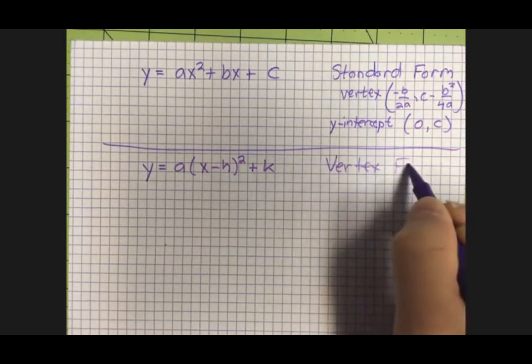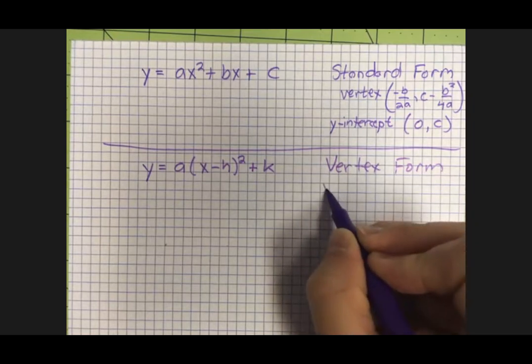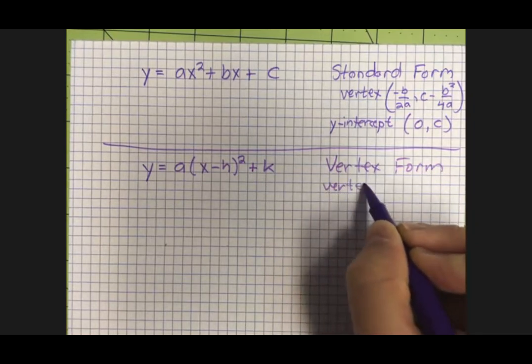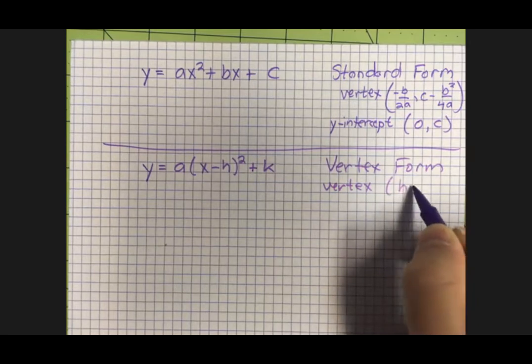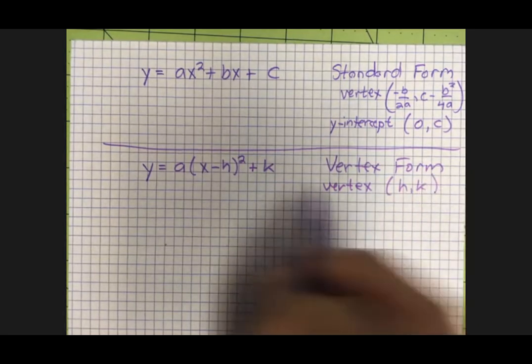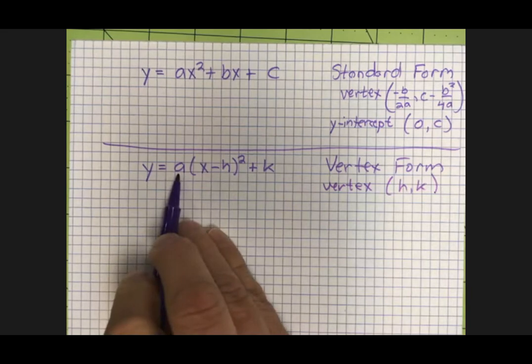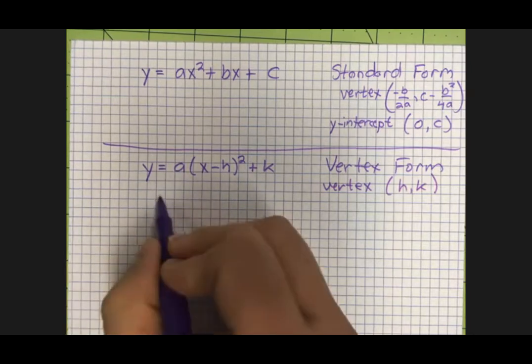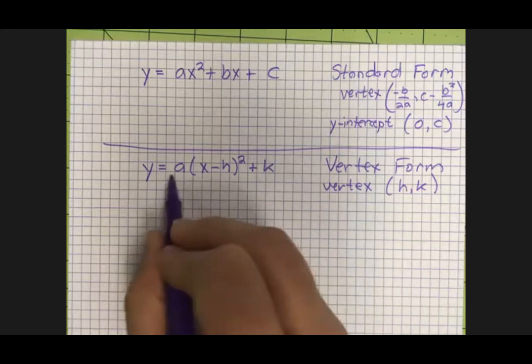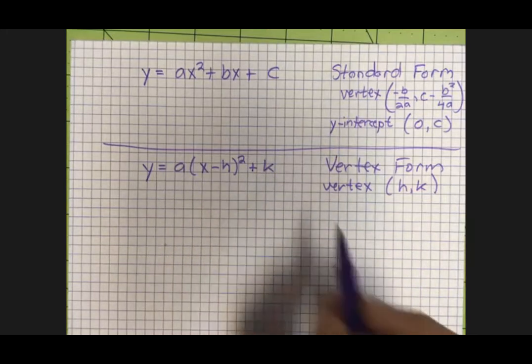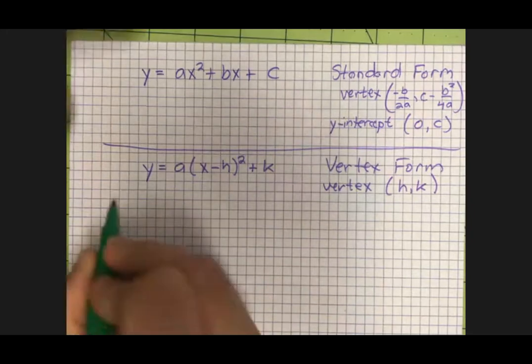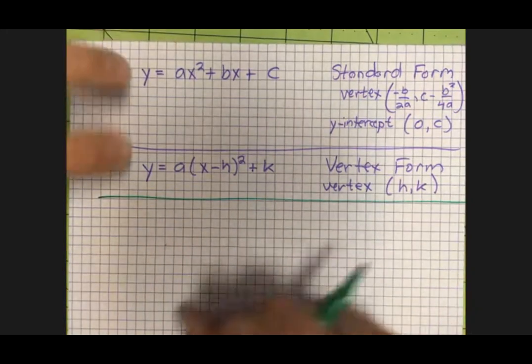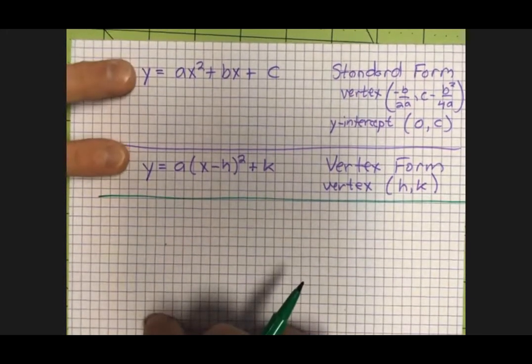Vertex form is also excellent because it displays the vertex at H and K, and it displays the vertical scaling of A. And once I have that, I can multiply this out to plug points in, or I could plug points in directly. So you think about this for a second. If someone gives you a parabola, maybe you want both of these on your paper.